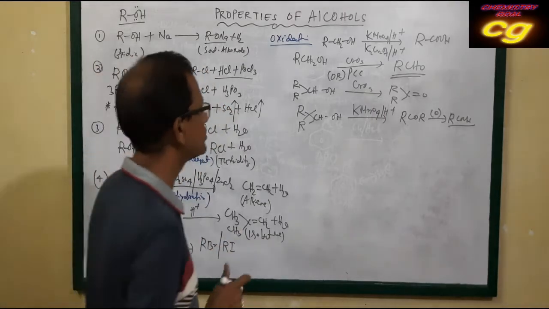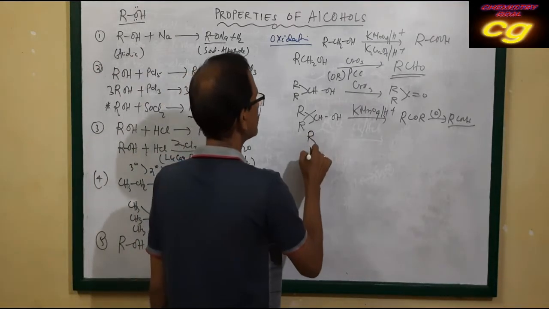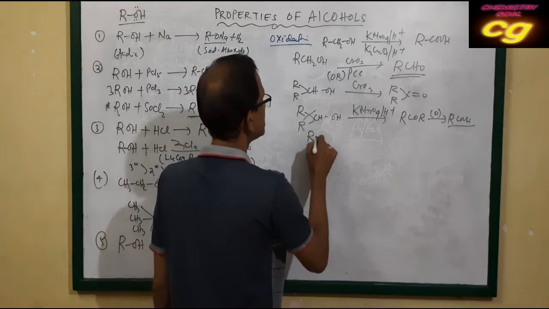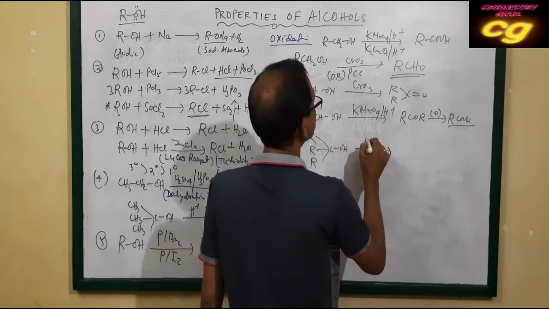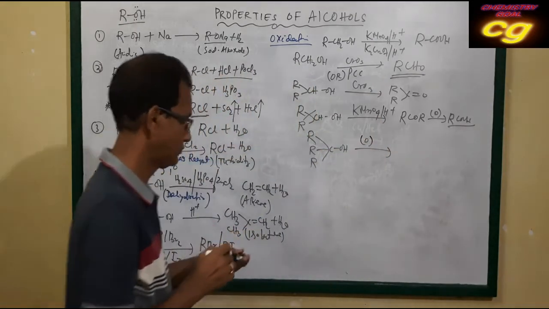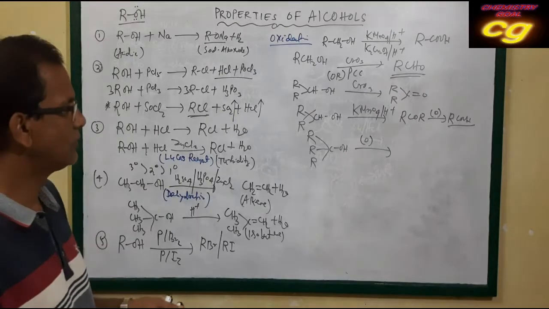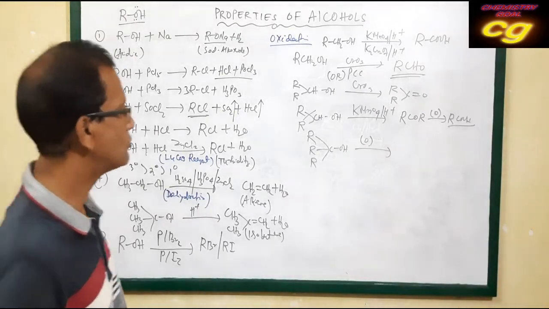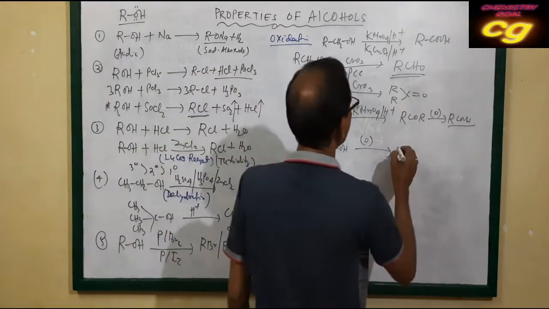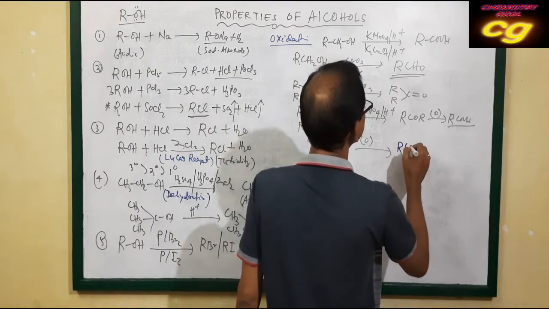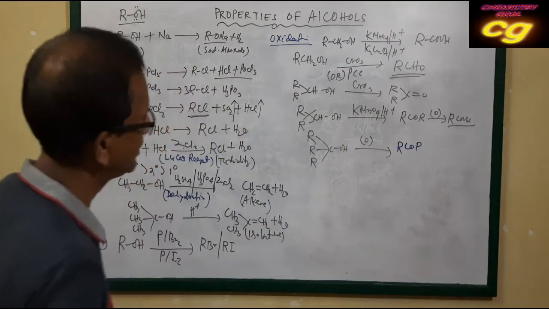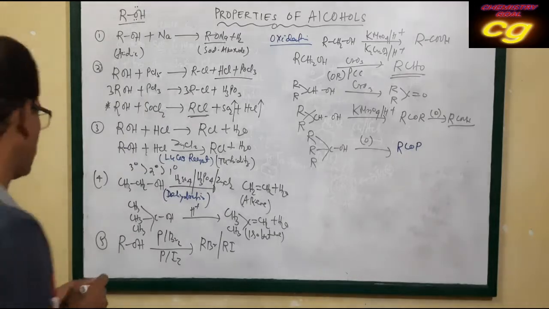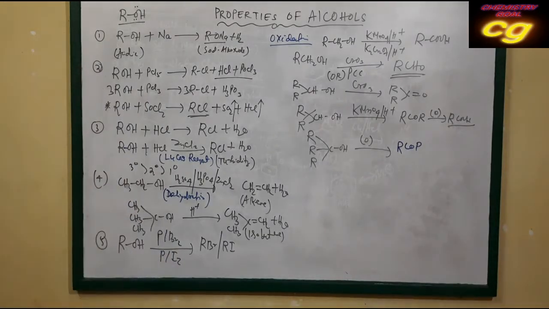If you use tertiary alcohol with KMnO4, generally the first step will be alkene.